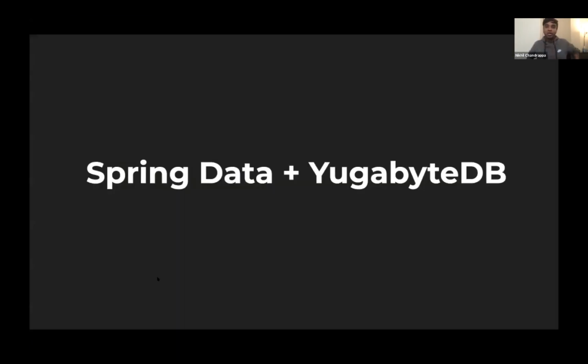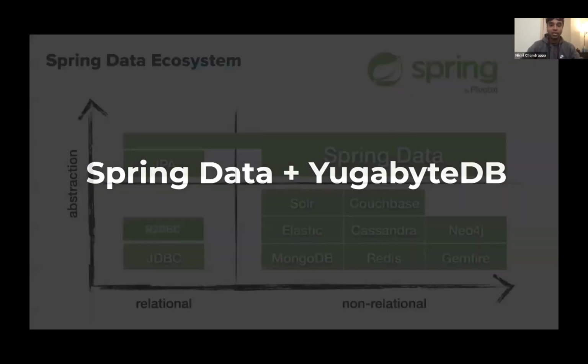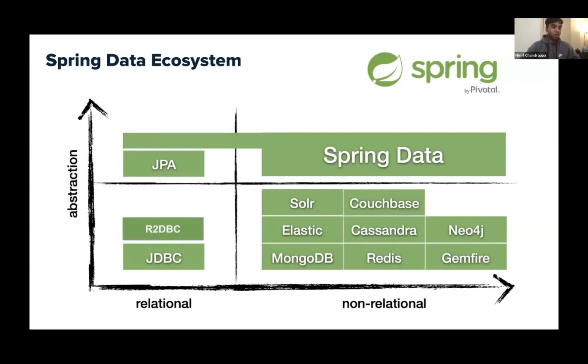So now comes the actual crux of this presentation, where we are going to talk about how Yugabyte fits into this microservices architecture, and how Yugabyte works with the Spring Data ecosystem. If you're a Spring developer, you might have used Spring Data JPA or one of the other Spring Data projects.